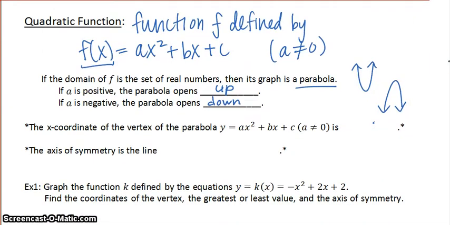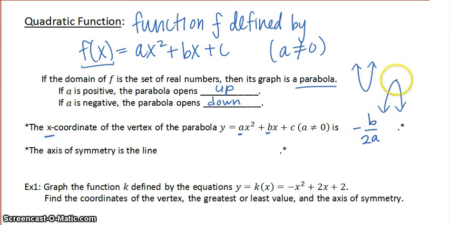The x-coordinate of the vertex of the parabola is going to be found by doing negative b over 2a. Okay? So you're going to use your b, you're going to use your a, and it's going to help you find the x-coordinate for your vertex.